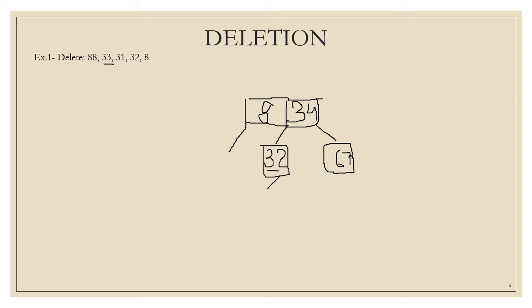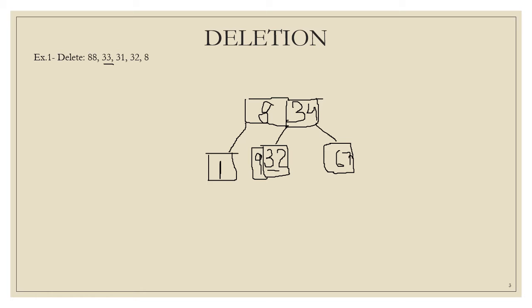Now 1 is smaller than 8, so it will come here, and 9 lies between 8 and 34, so it will be joined with 34. So this is the tree after deleting the root node 31.